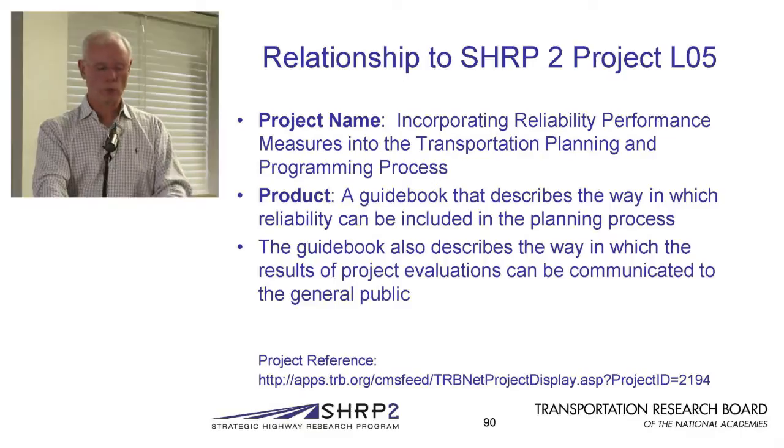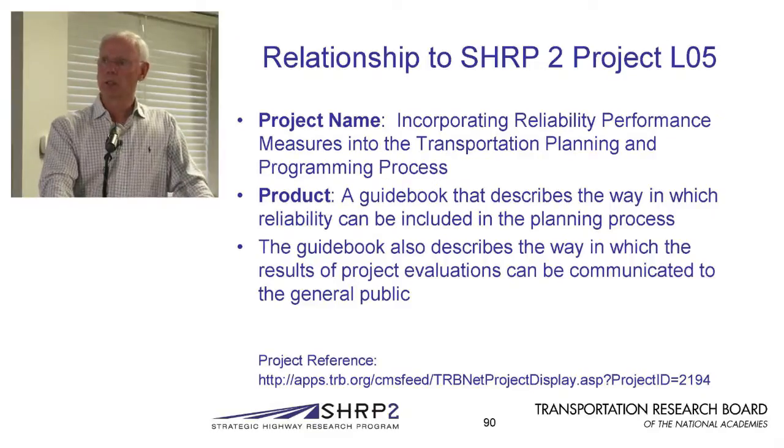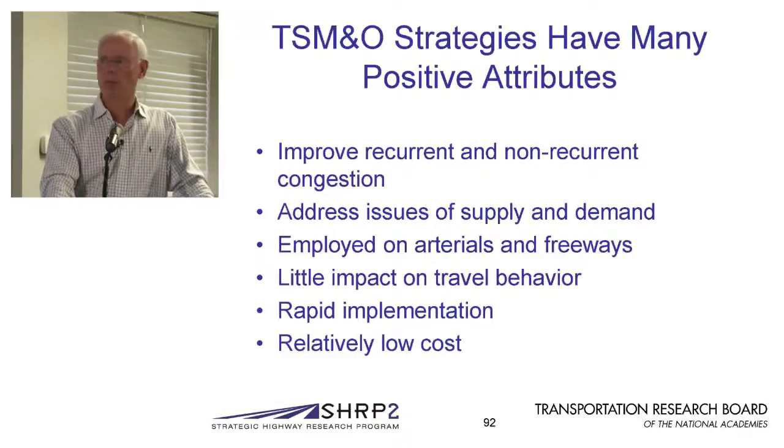Again, worth looking at. So let's begin to wrap this up. Let's look at the benefits of TSM&O. I think we all know that there are many positive attributes. You can look at it in terms of improving congestion across the board, looking at it from a recurring perspective, but probably more importantly the non-recurring aspect of it.